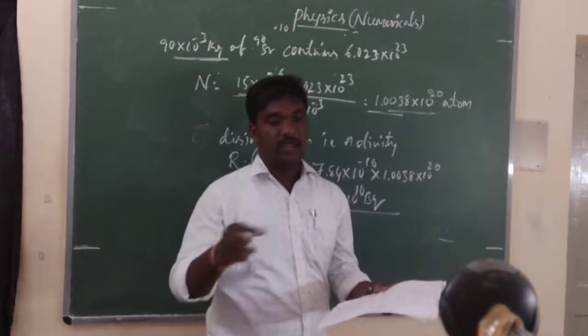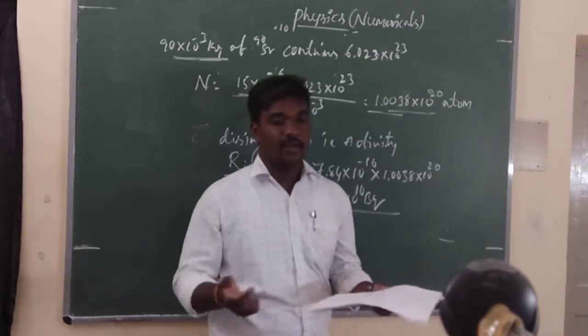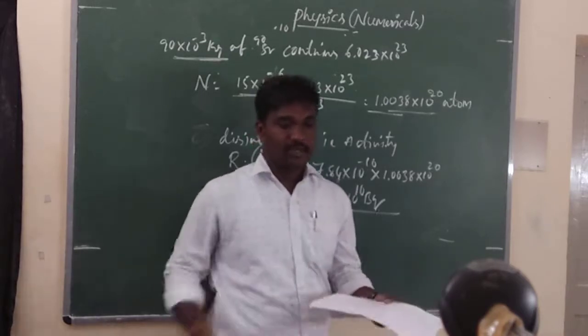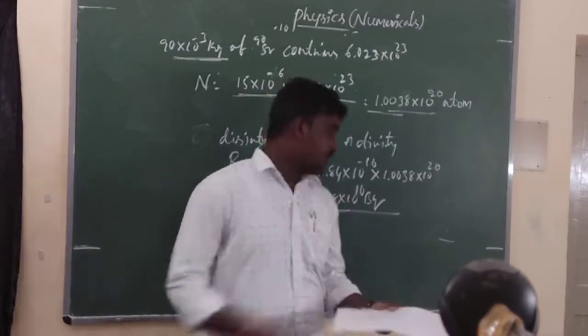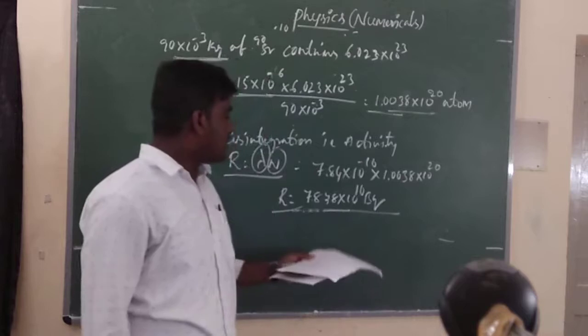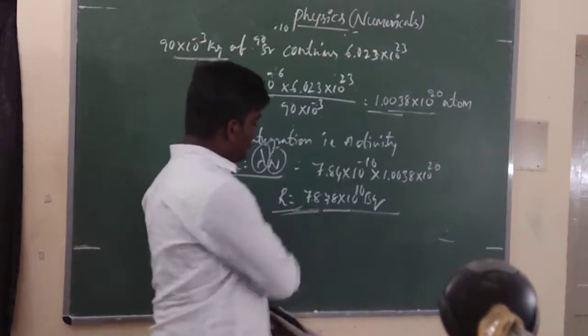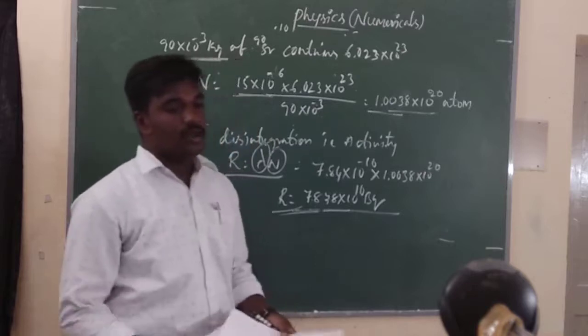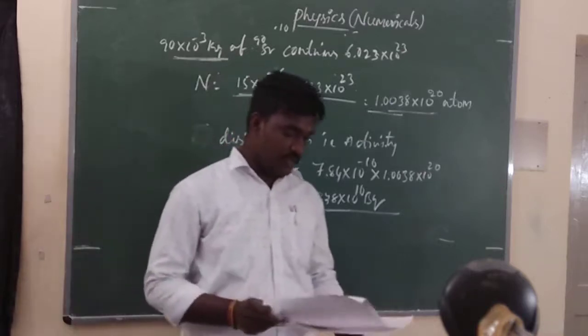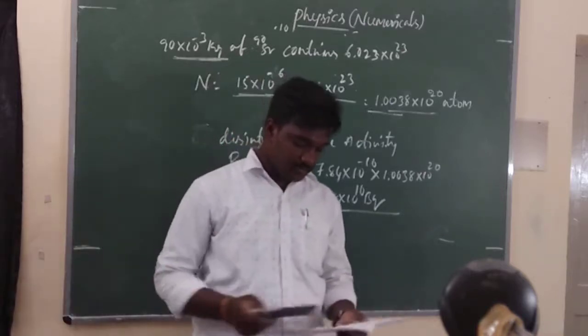Based on lambda and the number of atoms N, we calculate the disintegration or activity. The formula is R is equal to lambda into N. Finally we got 7.878 into 10 to the power of 10 becquerel. This is the answer for this numerical. Next numerical.